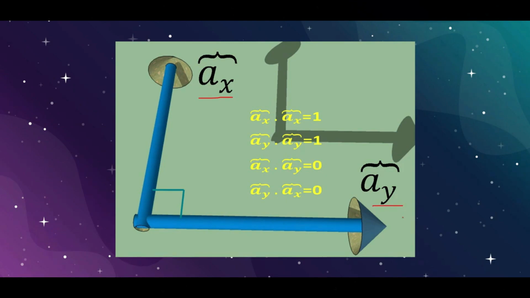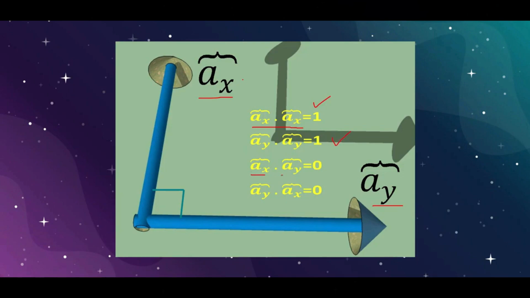There are a few dot product rules of direction components. We have to remember them. If we take the dot product of similar direction components, it will become 1. So if I take AX cap dot AX cap, I will get 1. If I take AY cap dot AY cap, it will also become 1.